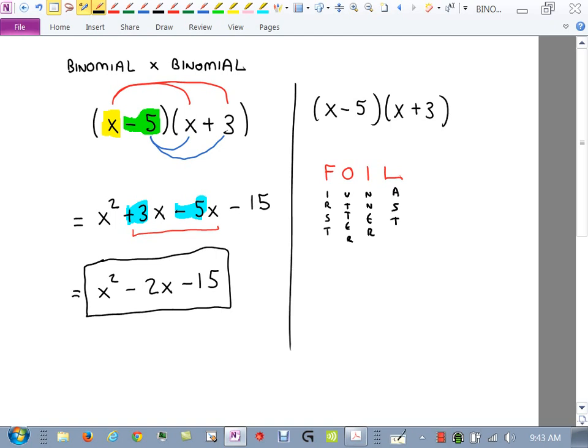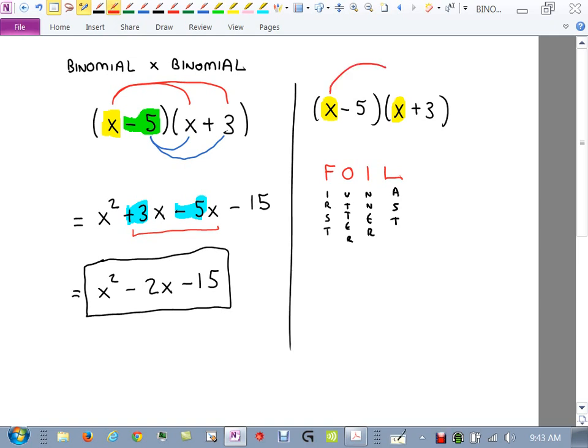How many of you have seen FOIL before? Y'all like it? No? You don't like it? Okay. So let's see. FOIL's telling you that what you're going to do is multiply the first terms in each binomial together first. So you're going to do the first one here and the first one here, right? Multiply those.